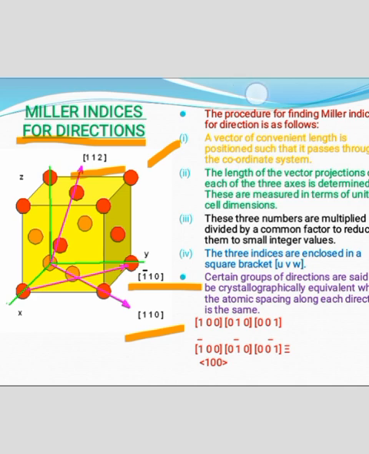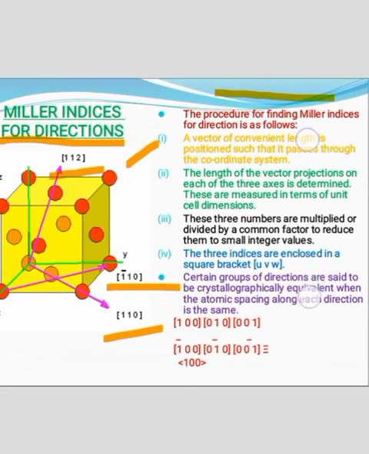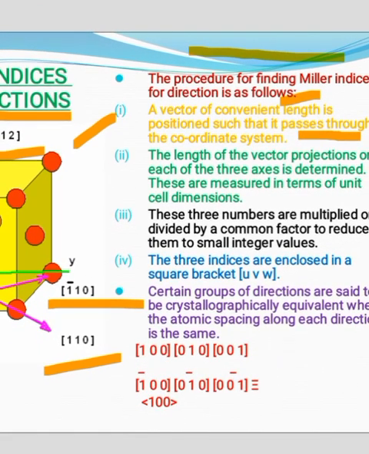So how will we find the Miller indices? First, you know the procedure. A vector of convenient length is positioned such that it passes through the coordinate origin. The length of the vector projections on each of the 3 axes is determined.